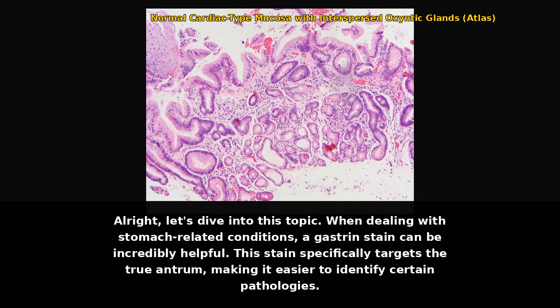All right, let's dive into this topic. When dealing with stomach-related conditions, a gastrin stain can be incredibly helpful. This stain specifically targets the true antrum, making it easier to identify certain pathologies.